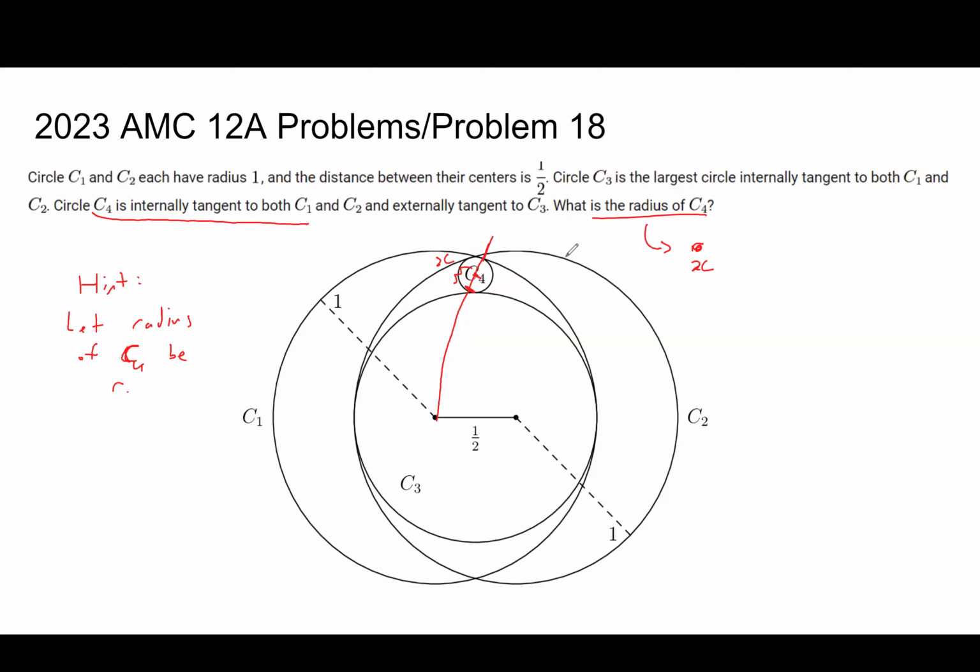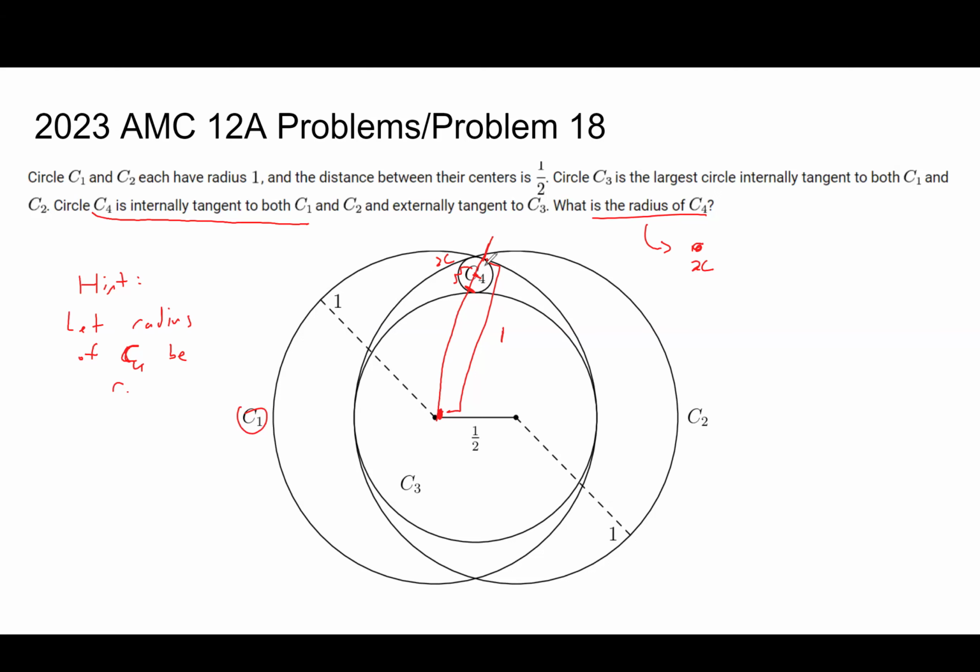Now, what else do we know? From this point here to this point here, that's also 1, because it's the radius of circle C1. So this segment would be that.